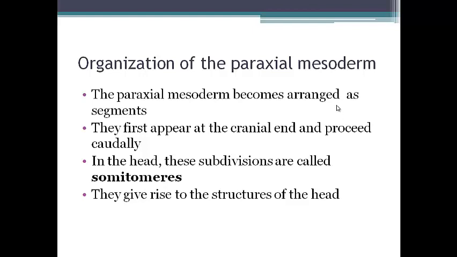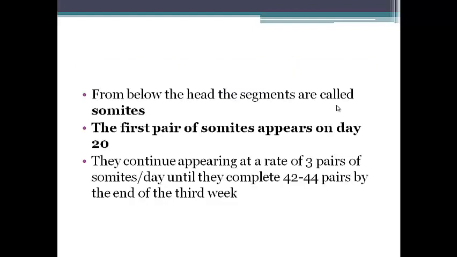In the head, these subdivisions are referred to as somatomeres, which will give me the structures of the head. And from below the head downwards, the segments are called somites.